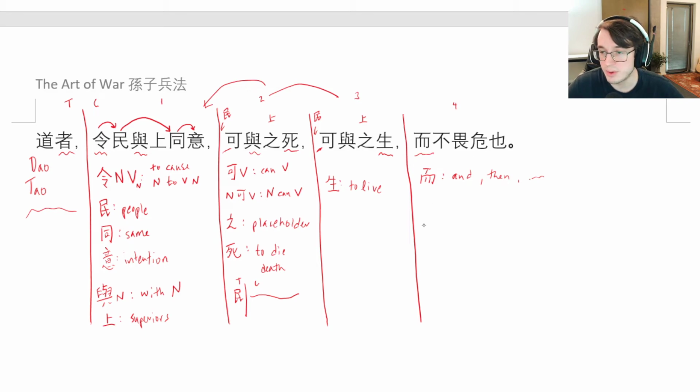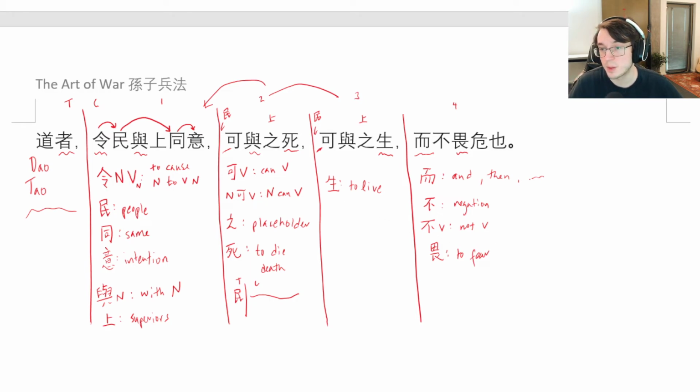And so what we see first here is 不. That is a negation. Okay, we've already talked about that before. It is a verbal negation, which means that 不 plus a verb means not verb. So what's the verb that we have? The verb that we have is 畏. This means to fear.